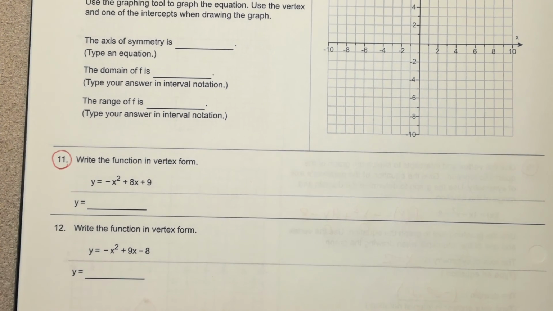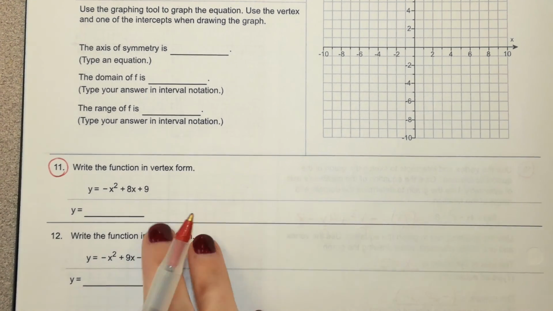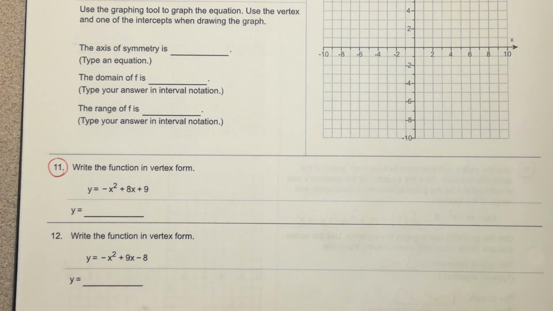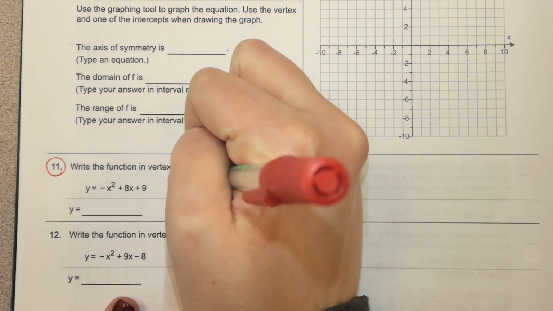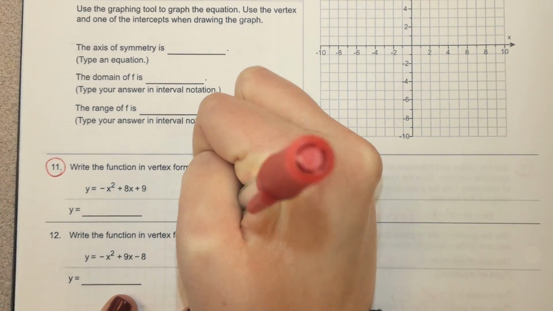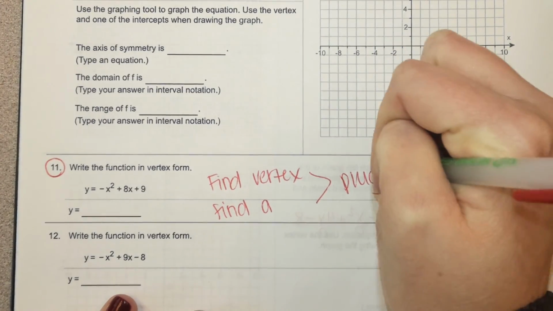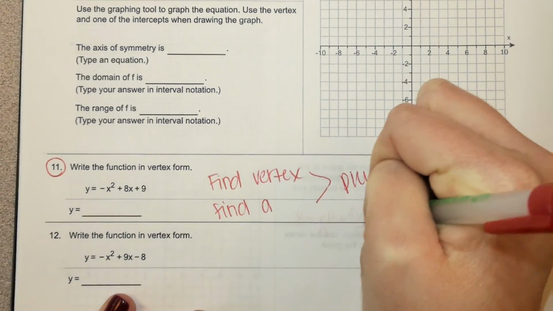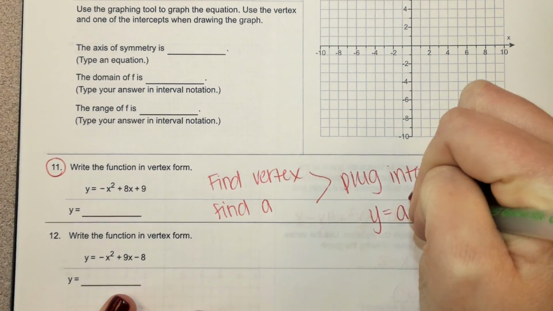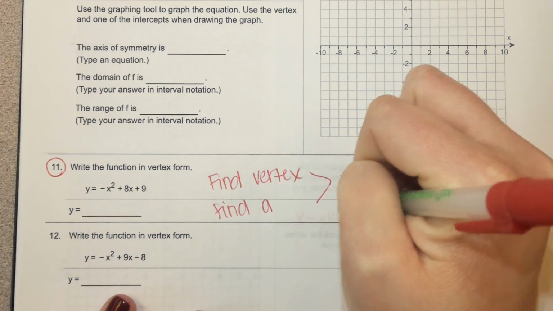All right, number 10 is very, very similar to what we just did. Here's 11 and 12. So you're writing the function in vertex form. Now, I'm not going to work this whole problem out with you because we did 2 earlier in the notes. So find your vertex, find A, and then plug those into y equals A times the quantity x minus h squared plus k.